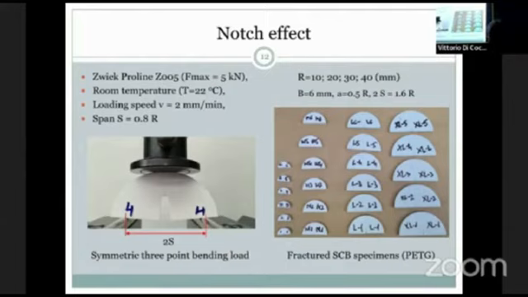So we used semicircular bend specimens with 10, 20, 30, and 40 millimeters. We used a ratio of 0.5 between notch length and radius, and all the specimens were with the same thickness of 6 millimeters.